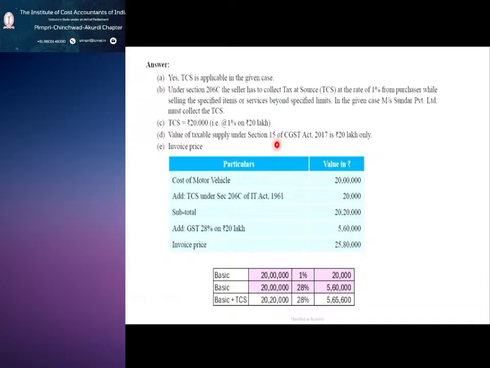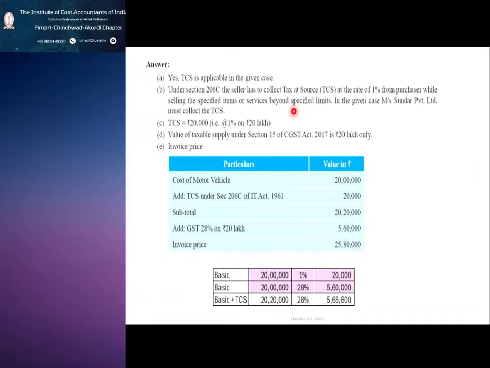TCS means he collects the TCS money, the seller, I collect the TCS from the customer. So here under 206C, the seller has to collect TCS at the rate of 1% from the purchaser while selling specified items or services.